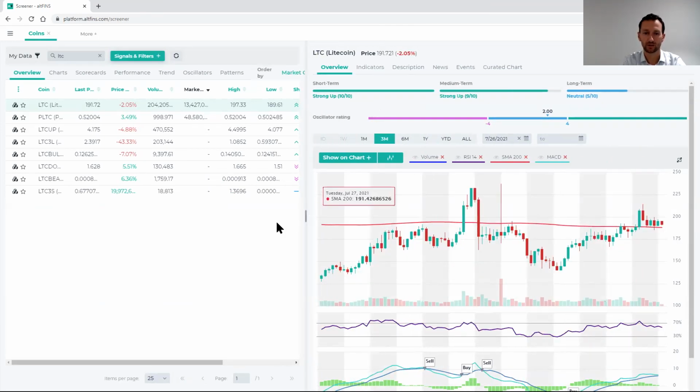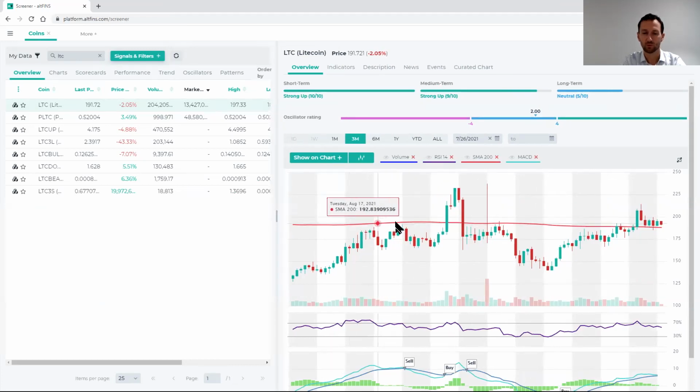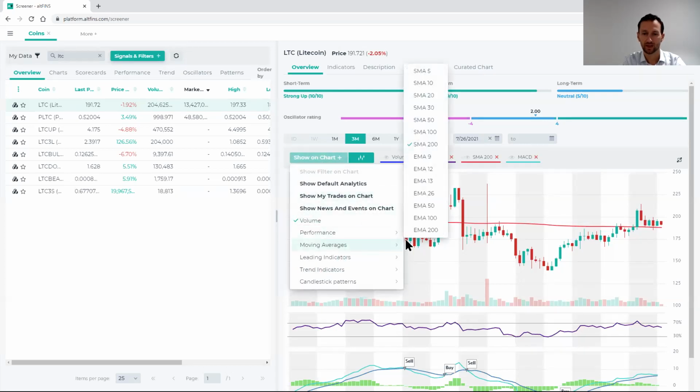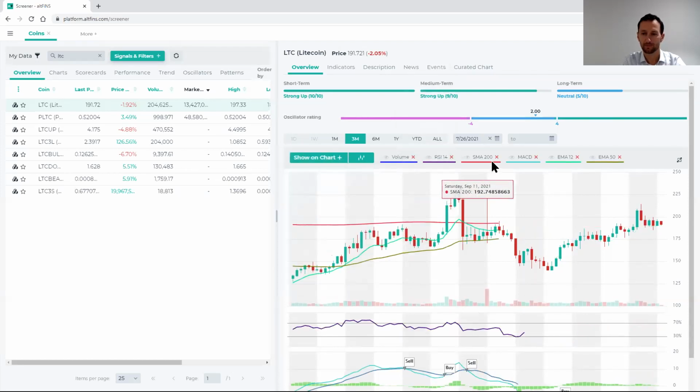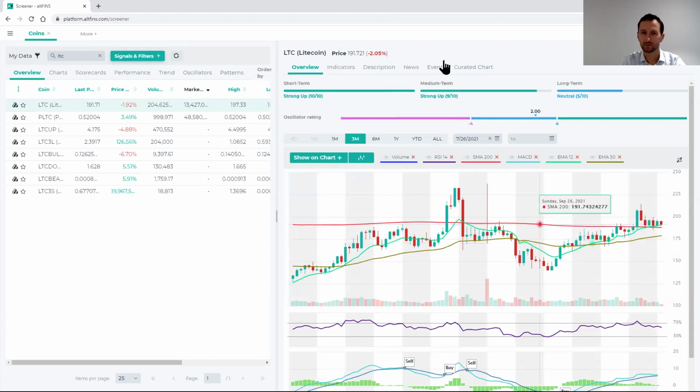If you look at the chart here, right now we have a simple 200-day moving average, but let's add the EMA 12 and the EMA 50. So right here is where the crossover happened. Now, we bought it last week around 200 when it actually broke above the $200 resistance level. Looks like it was a failed break for now.